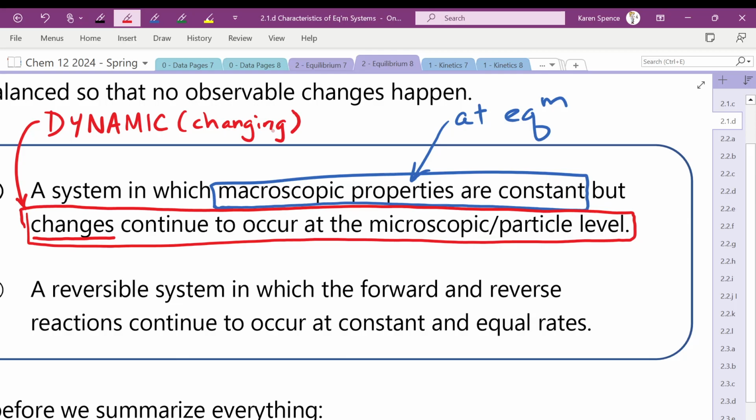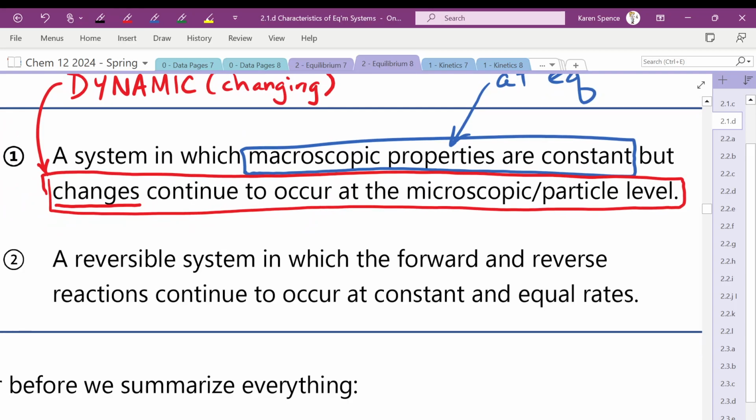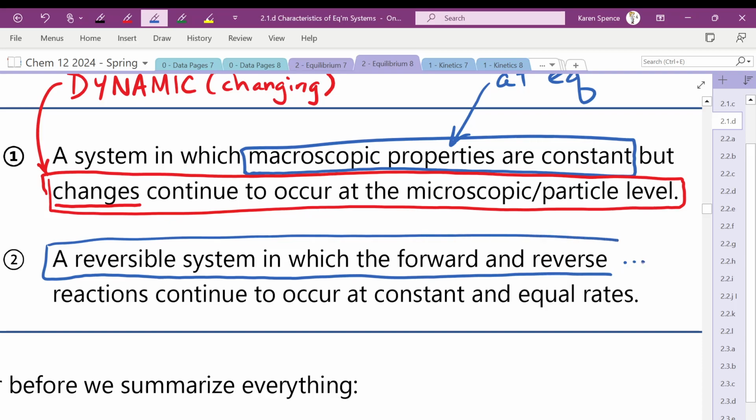Now in our next definition, which part is the equilibrium part? Yep. We have a reversible system in which the forward and reverse reactions continue to occur. Whoops. Hang on. A reversible system. What is wrong with me? I'm sorry. I'm making a mess.